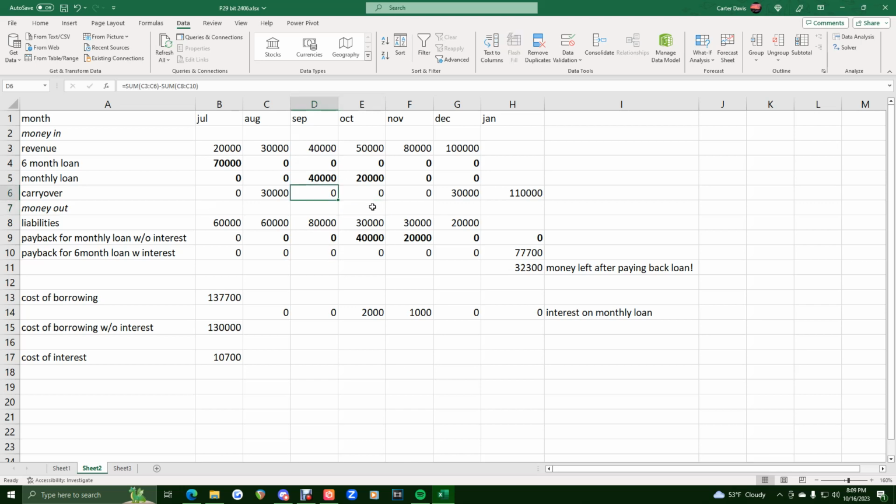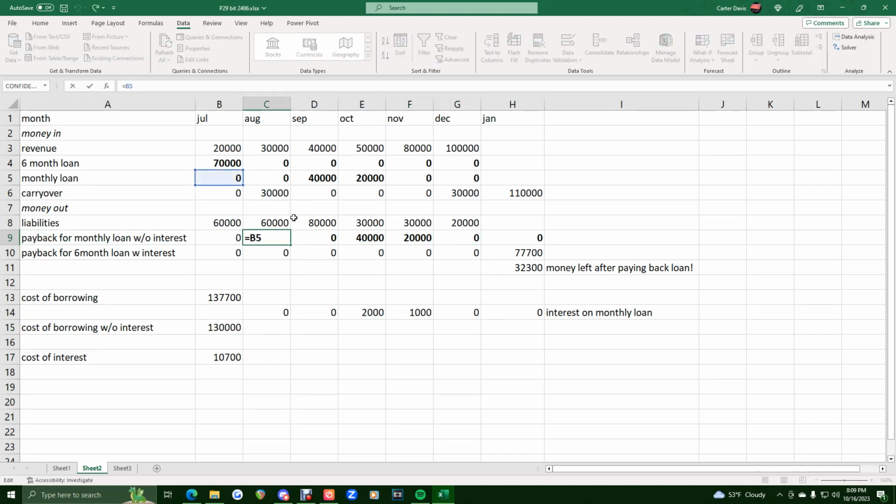You incorporate the carryover. And then I think the other big thing was the payback for the monthly loan. They mentioned how it's not compounded, so maybe that's why this is how it's supposed to be. But I kept doing the payback with the monthly loan with interest, so all these were times 1.05.